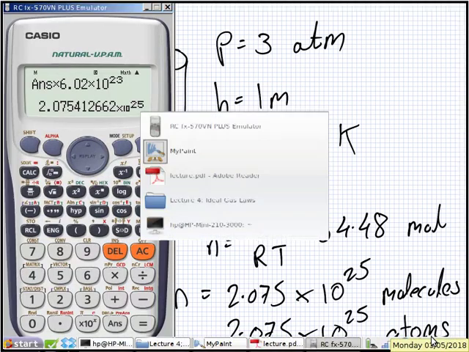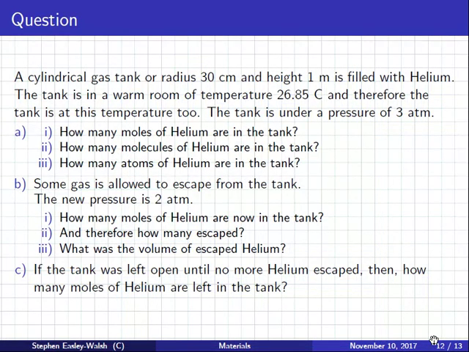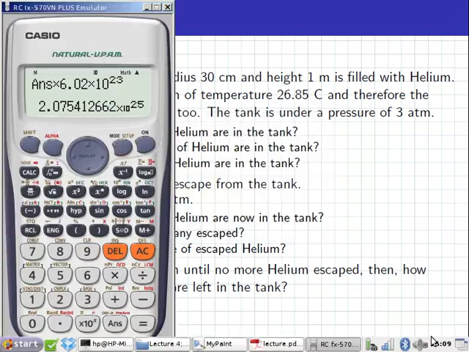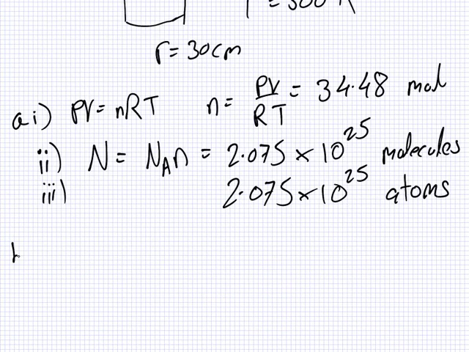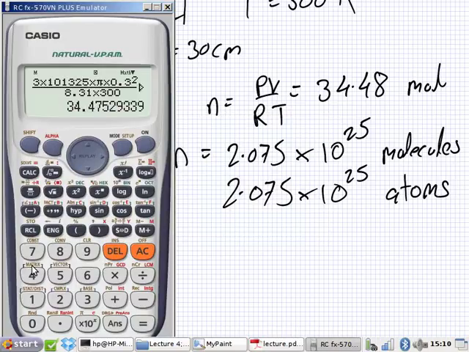Now the B part, some gas is allowed to escape and the pressure drops to 2 atmospheres. How many moles of helium are in the tank? Well, that's actually not so bad. There's actually a quick way I can get this. If I just open up my calculator and go back to this calculation, but change this 3 to 2, because there's 2 atmospheres of pressure, then straight away I have the answer, 22.98.